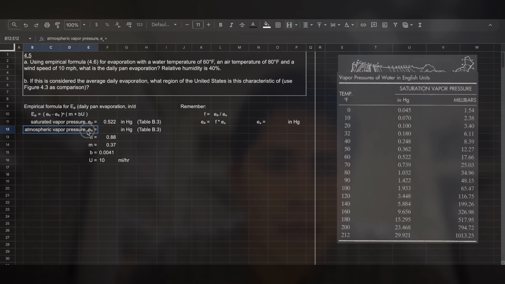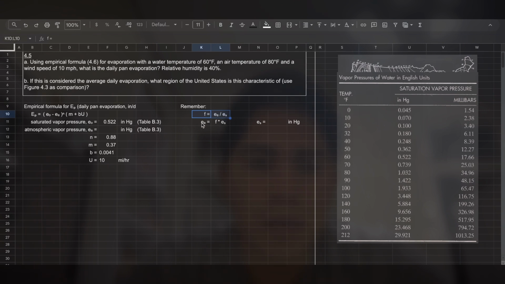And then we need the atmospheric vapor pressure, but this value is related to the air temperature. So to solve for this value, we're going to have to use this equation that we saw when we solved humidity problems, which is the relative humidity equals the atmospheric pressure over the saturated.